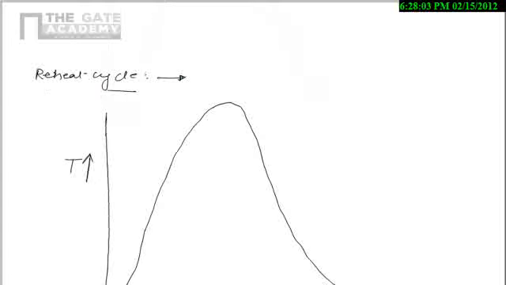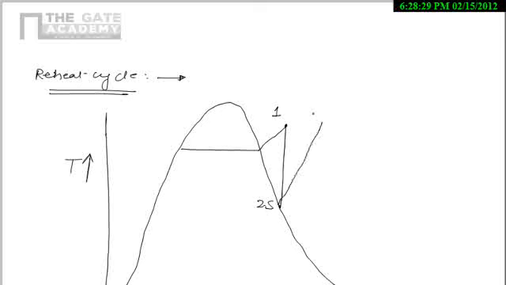Now I will represent the reheating cycle on the TS diagram. Here we have steam at state 1 and it is expanding from 1 to 2s, and after that it is reheated in the boiler, so the temperature increases again and goes up to point 3.